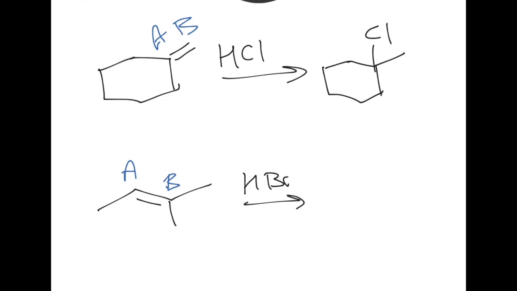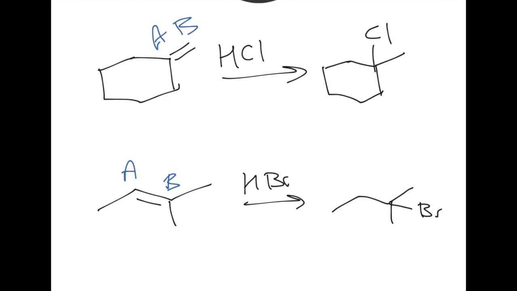Where does my bromine go? B. Again, it goes on the most substituted carbon because that's going to make the most stable carbocation. Now, I stuck my bromine between the two methyl groups.